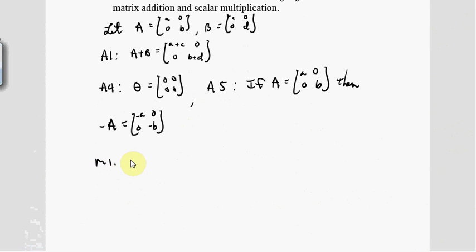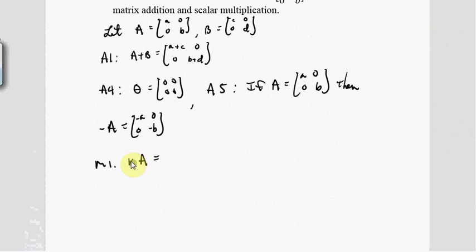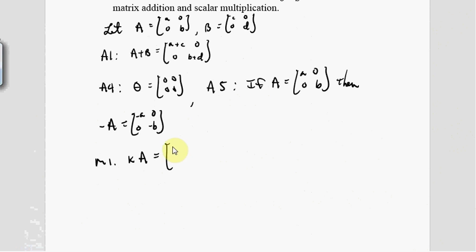M1, if you have a scalar times that matrix, does that scalar change the matrix type, the matrix result? No, it doesn't. This is going to be [[ka, 0], [0, kb]]. Yes.